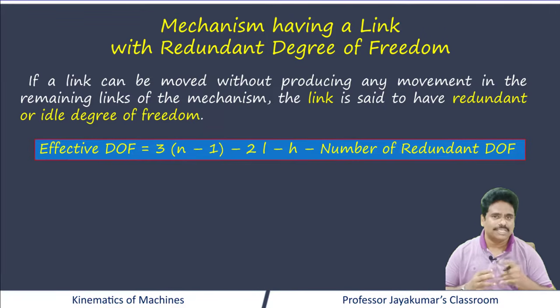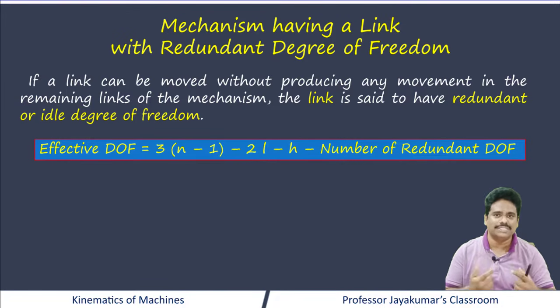That means a link can have a motion, but it will not in any way affect or influence the motion of the other links. That means the motion of that particular link is redundant, is idle, because it has no effect on the motion of the other links.